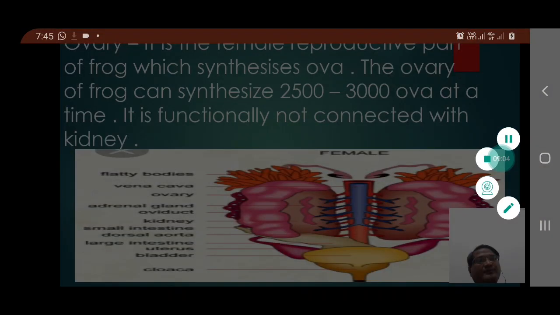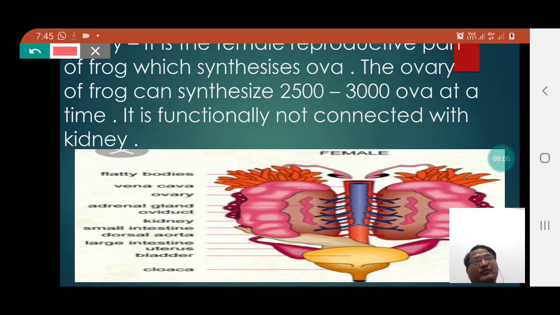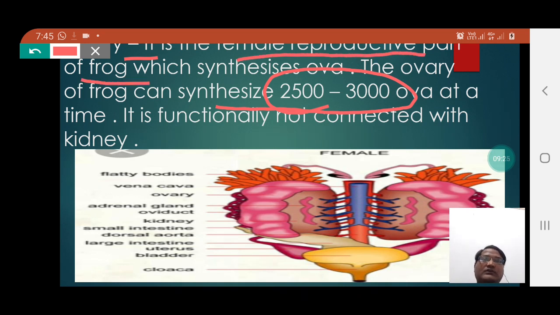So students, it's a very important concept about the ovary of the frog, that it can synthesize approximately 2500 to 3000 ova at a time, and it is the main reproductive part of the female frog which synthesizes ova.